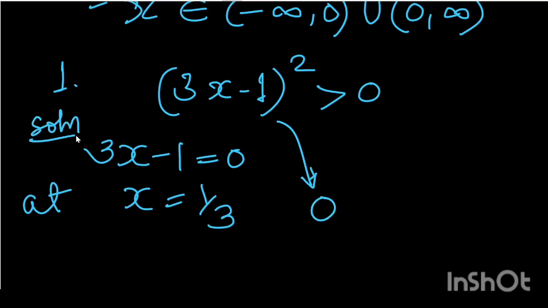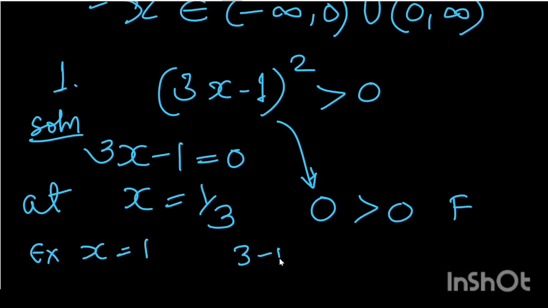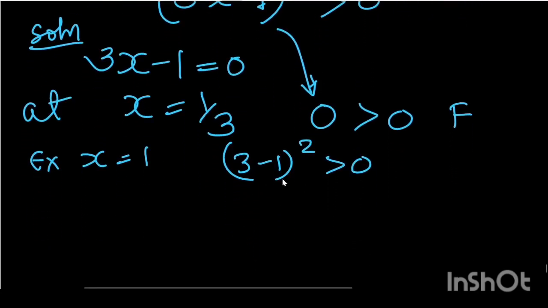So in that case 0 greater than 0 would be false. Any other value, for example, if you take x equals 1, this becomes 3 minus 1 whole square greater than 0, which is 2 square, 4 greater than 0, which is true. Any other value apart from x equals 1 by 3 would be true.